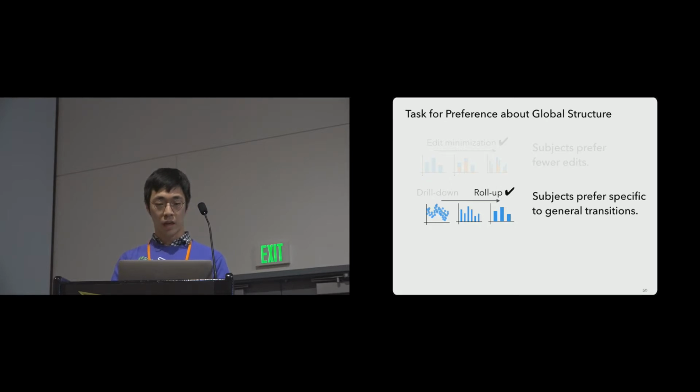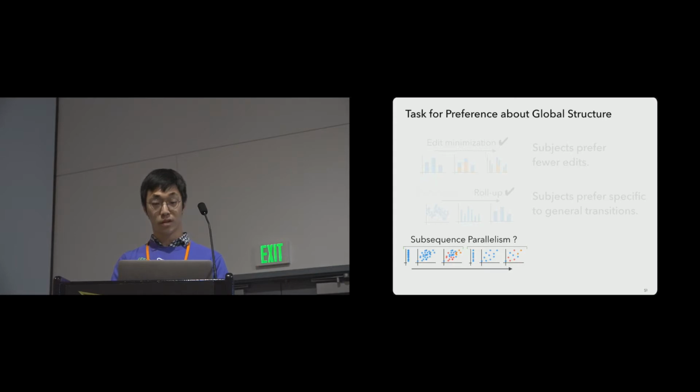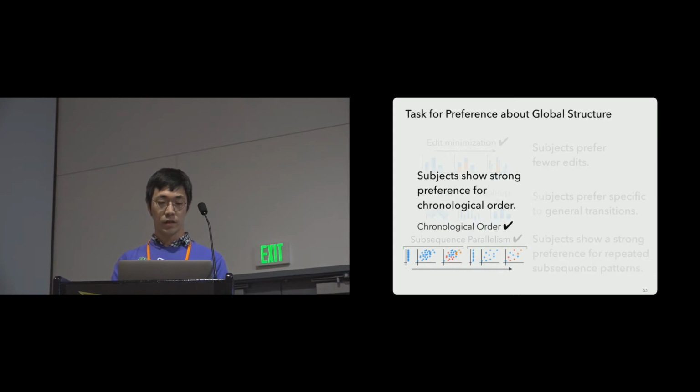And people show that they more like to roll up. Subsequence parallelism is to see if people also like to see subsequences with repeated transition patterns. And participants show that preference. And there's an extra finding in this task that participants always prefer the sequence with chronological order.